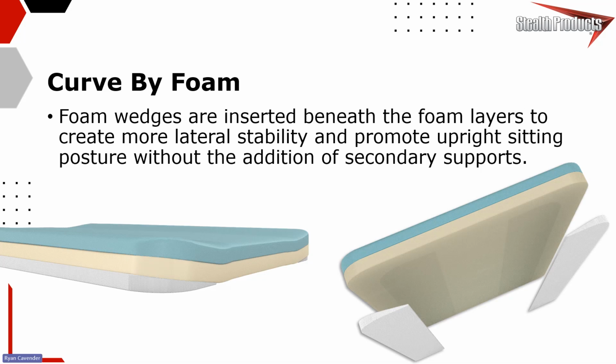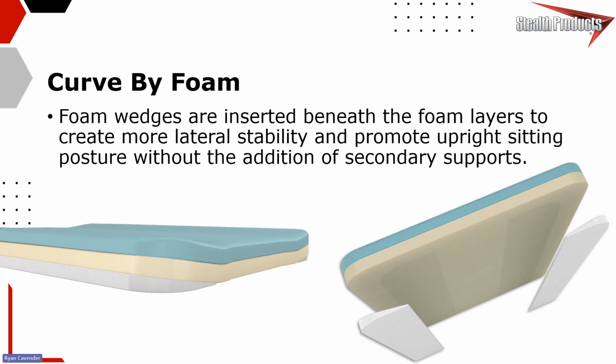So now curved by foam. This is a modification that's unique to the rectangle and eye style TFB. This uses a piece of closed cell foam to create a little bit more contouring to the back, right? It goes from a 15-degree bend there. When you add the foam in there, your contact edge turns into a 40-degree bend, essentially.